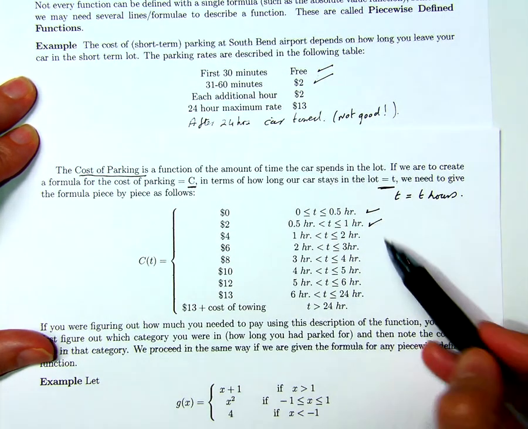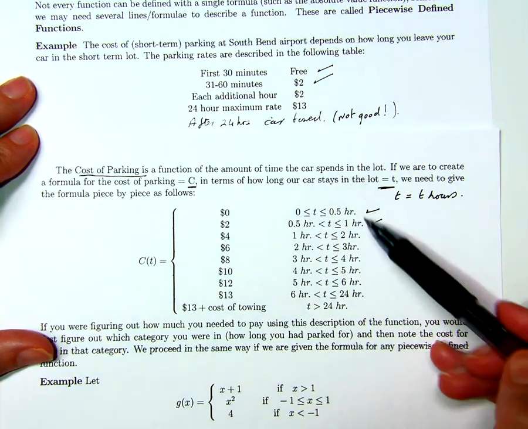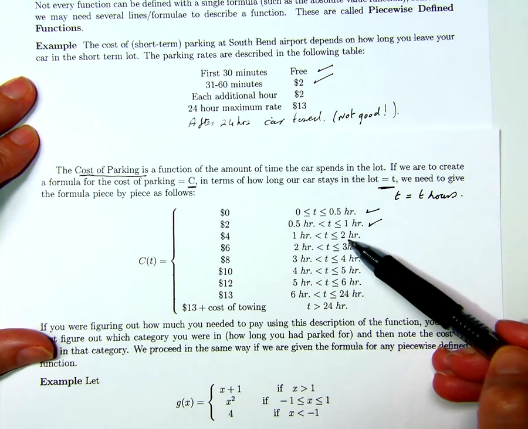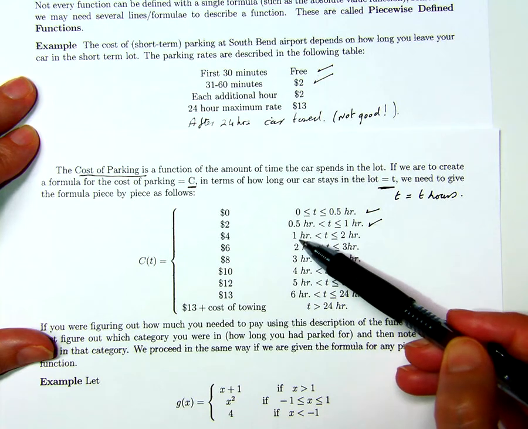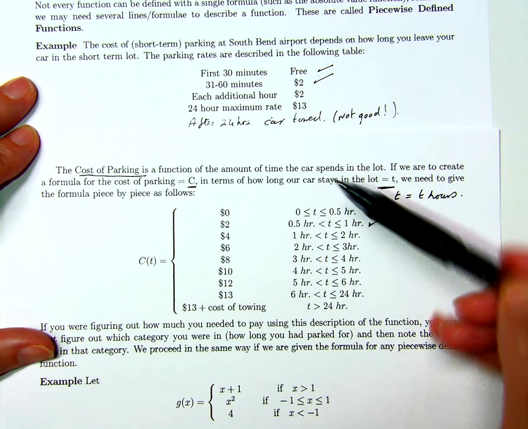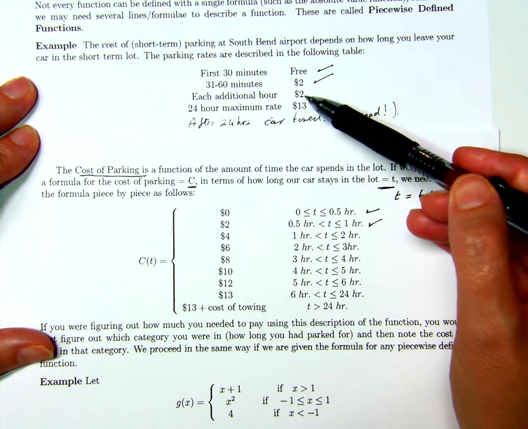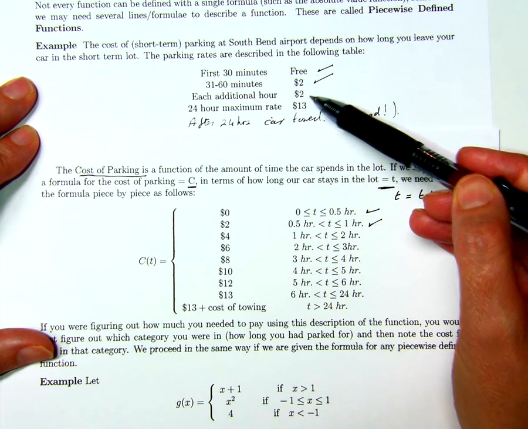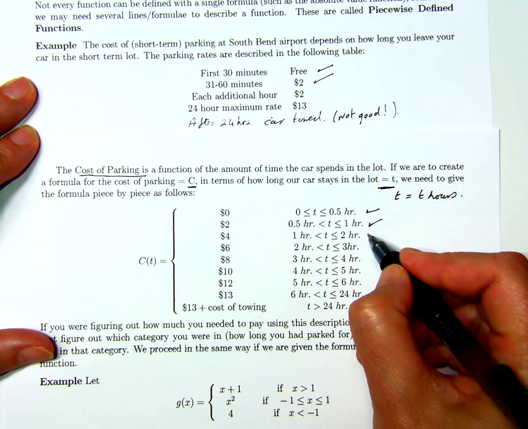Okay, so what about the next hour? Between 1 hour and 2 hours, if I leave my car in the lot for somewhere over an hour but less than 2 hours, I'm going to pay this $2 plus $2 more. So that's going to be $4.